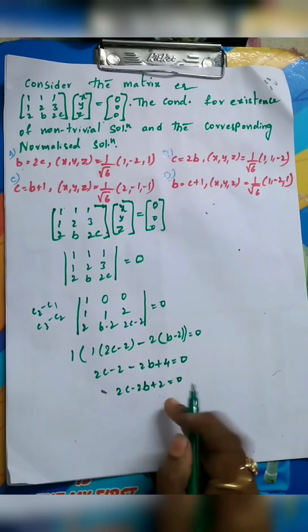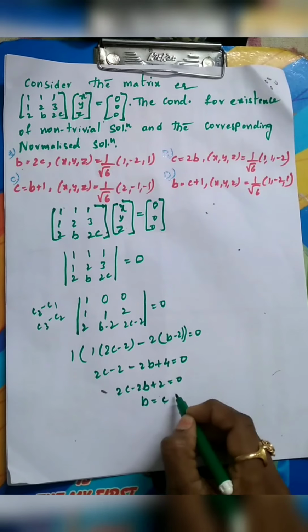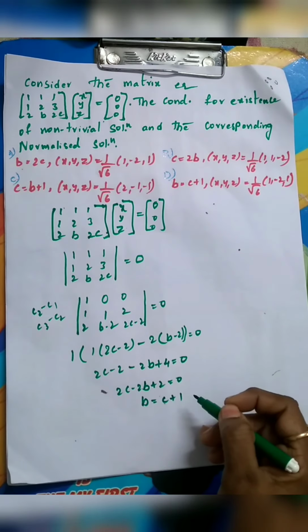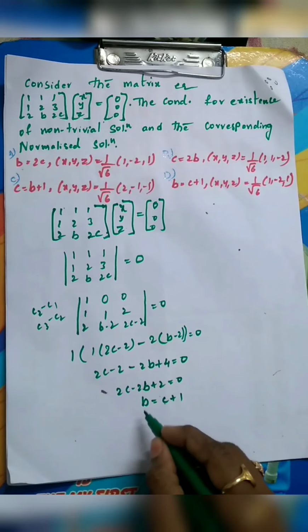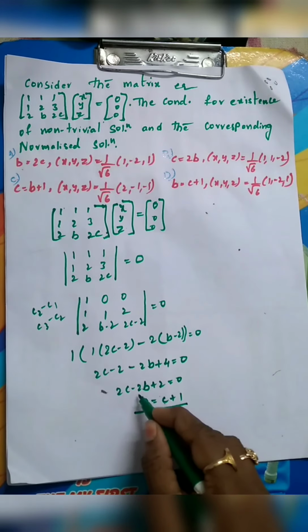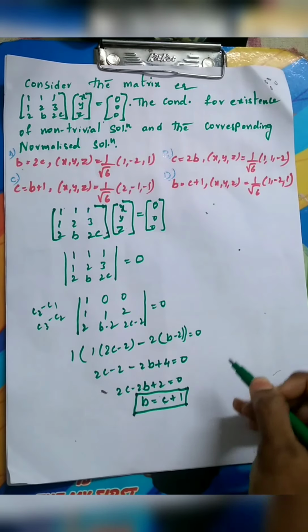Cutting off 2 in all terms, we get b is equal to c plus 1. This is the non-trivial solution for the given matrix system.